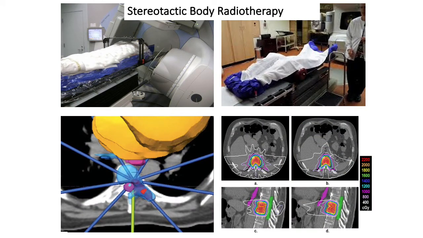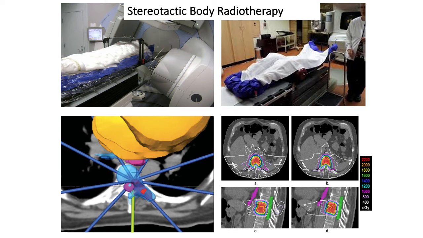A similar procedure can also be done in the body, known as the stereotactic body radiotherapy, or the SBRT, with a different immobilization device, which is the vacuum blue bag. This blue bag also ensures that there will be no patient movement. This technique is also delivered with high dose in each fraction.